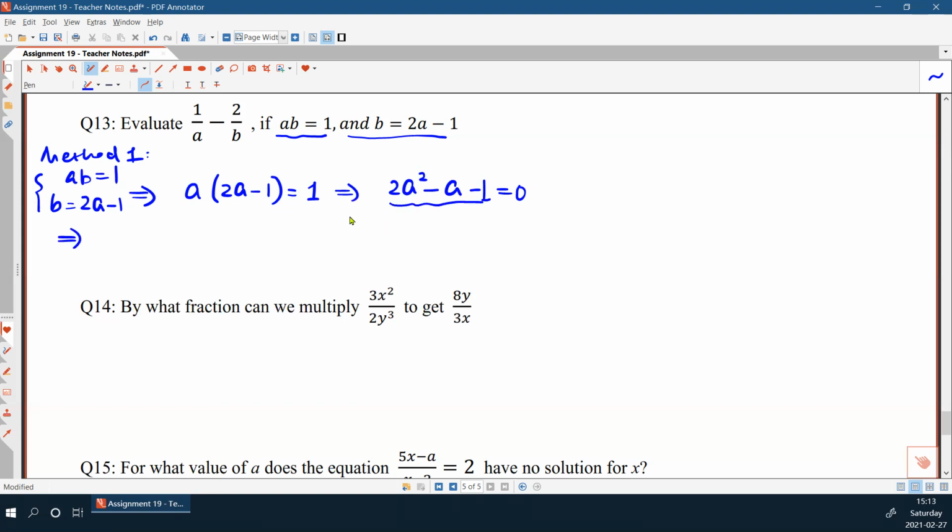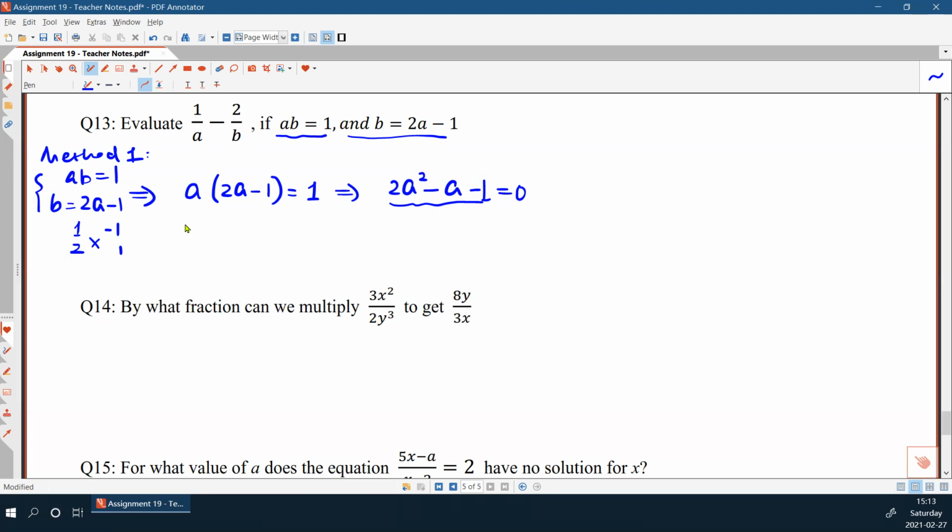Remember that by the cross multiplication method, we can factor it: 2 times 1 is 2, and minus 1 is 1 times minus 1. Then you have a negative A, so we put a minus sign here. By cross multiplication, we'll get minus 1 here.